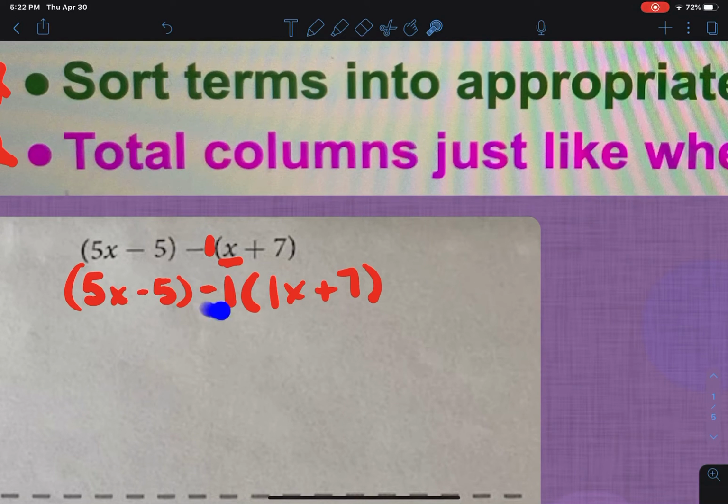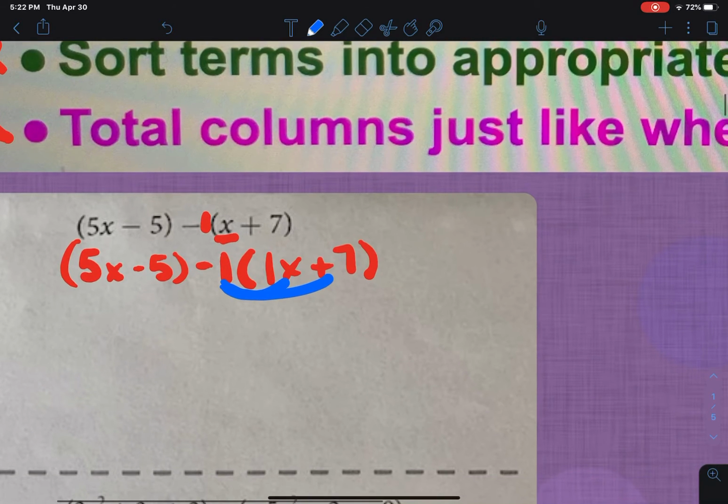Okay, now, this subtraction is going to get distributed to both of these. Now, when I distribute, the good news is it basically changes the sign. So if this happens to be positive 1x, it's going to become negative 1x. If this is plus 7, it's going to become minus 7.